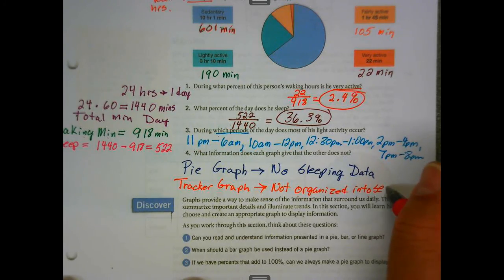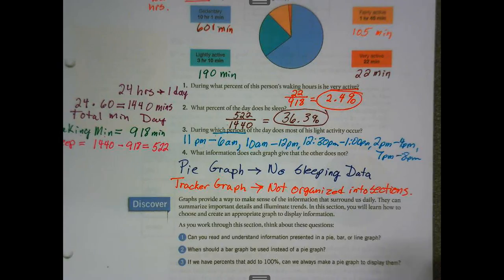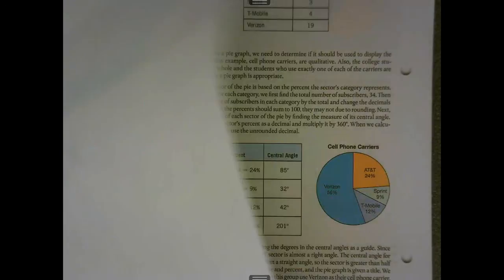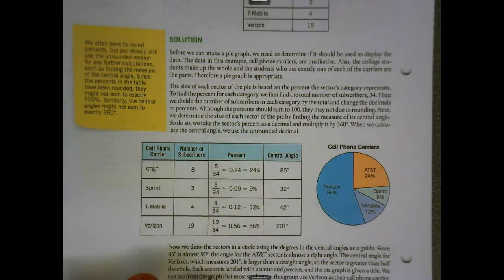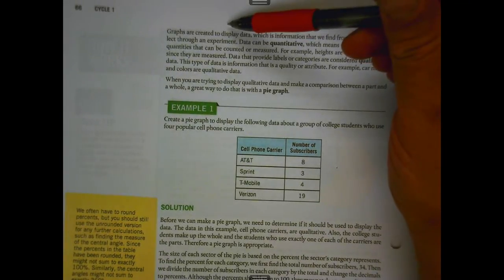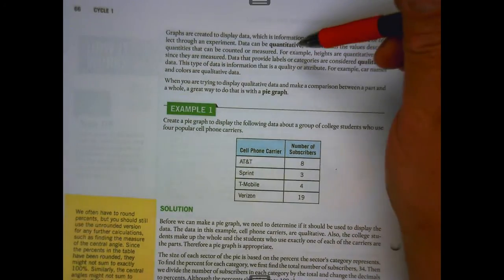Okay, next page. Let's see. Graphs are created. Oh, this is pretty important. Graphs created to display data, which is information that we find from a source or collect from an experiment.